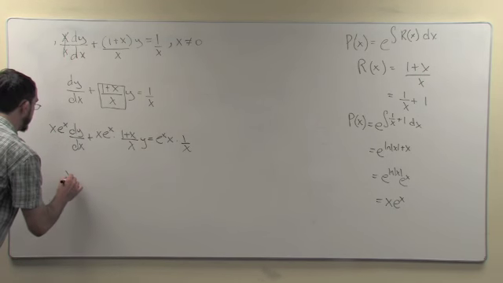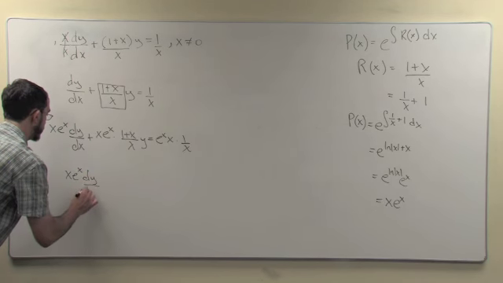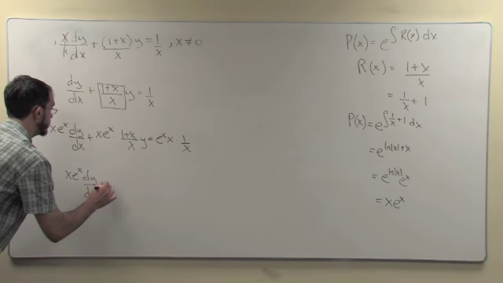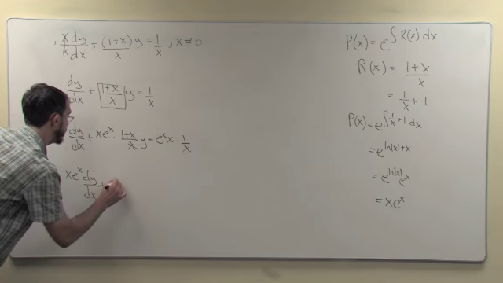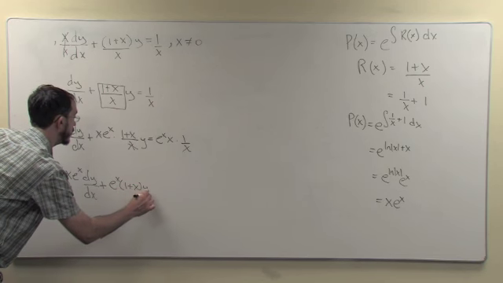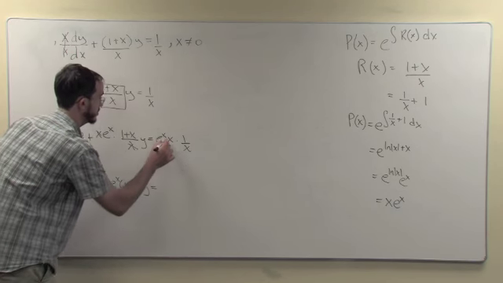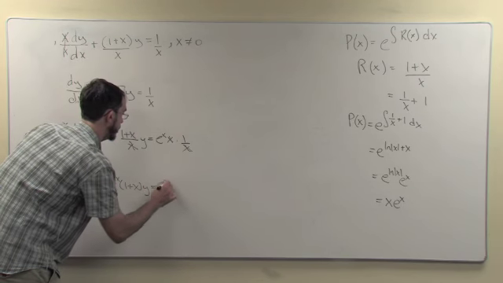So we're left with x e to the x dy dx plus our x is reduced to 1, e to the x times (1 plus x) times y, which equals, same over here, our x is reduced to 1, e to the x.